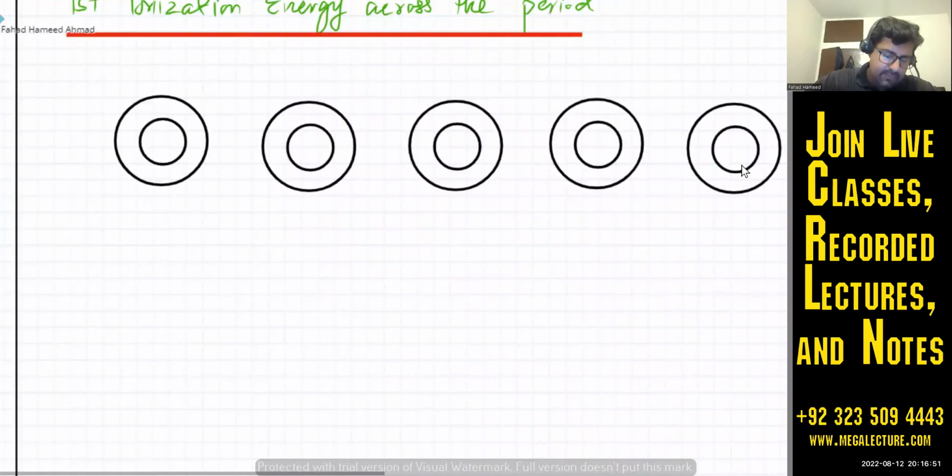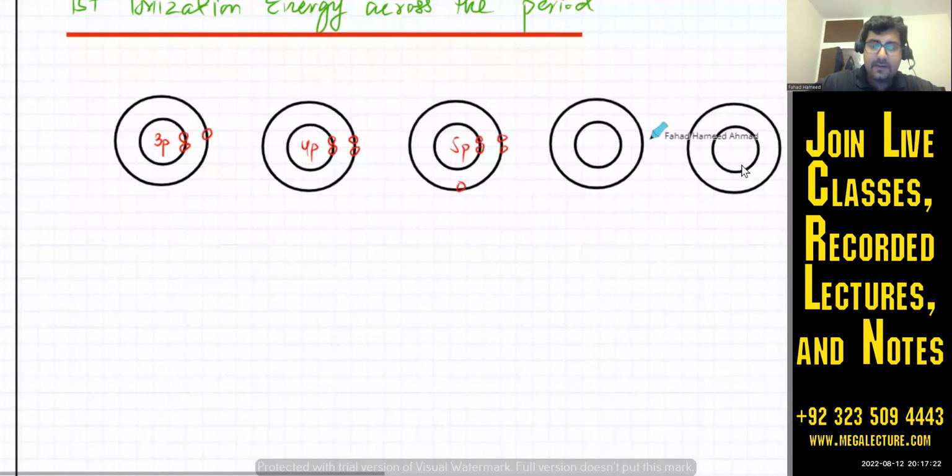So the first one is going to have, not 6 protons, it's going to have 3 protons. So the first element over here is going to have 3 protons and 3 electrons. The next one next door is going to have 4 protons and 4 electrons. And so on. The next one is going to have 5 protons and 5 electrons.